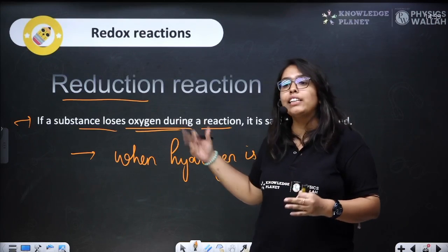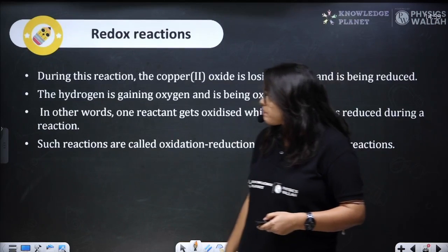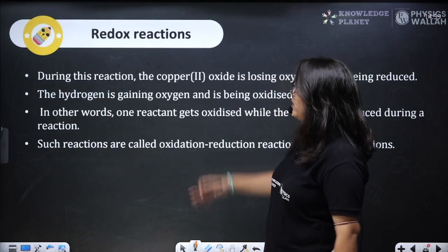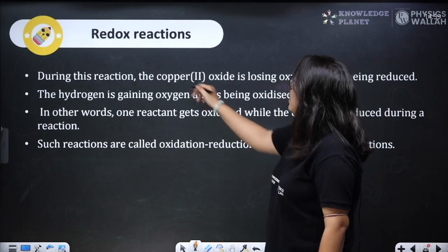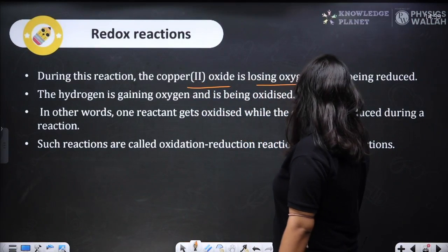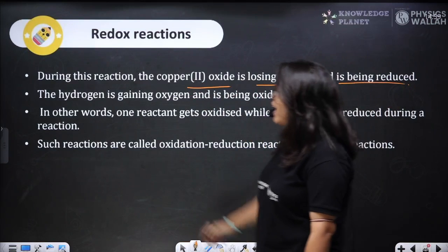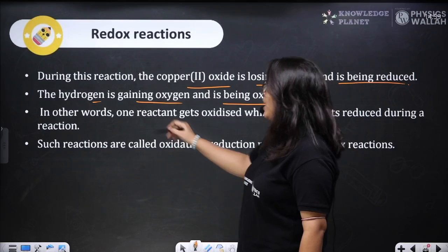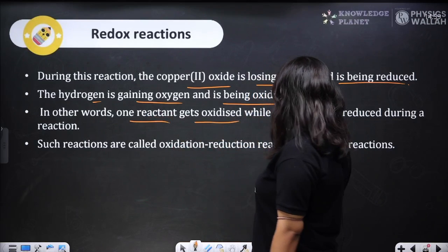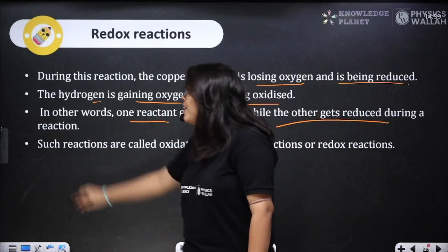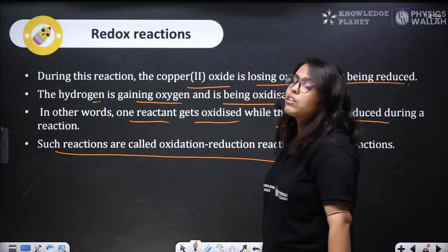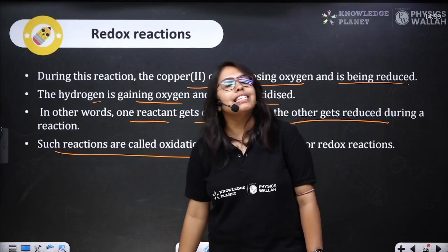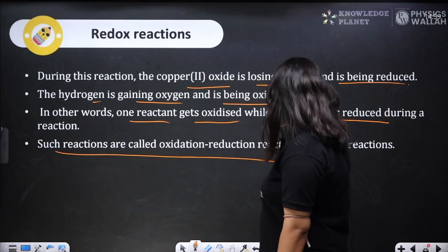All right. So what do you understand over here in redox reaction? During this reaction, the copper oxide is losing oxygen and is being reduced, whereas the hydrogen is gaining oxygen and is being oxidized. In other words, one reactant gets oxidized while the other gets reduced. Such reactions are known as oxidation reduction reactions. In simpler terms, redox reaction.